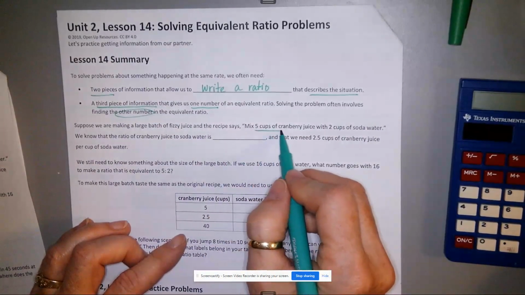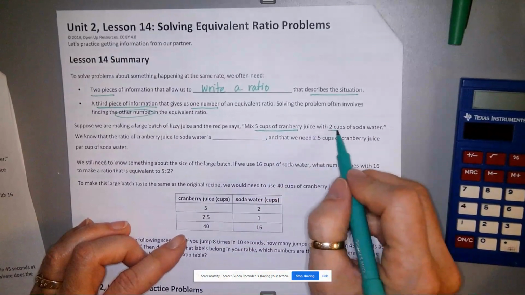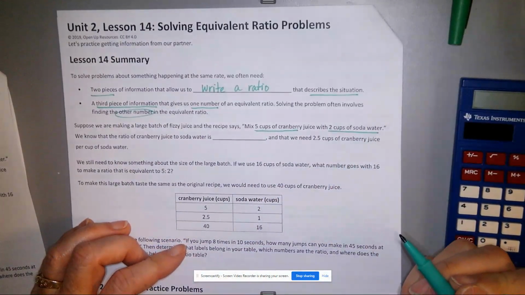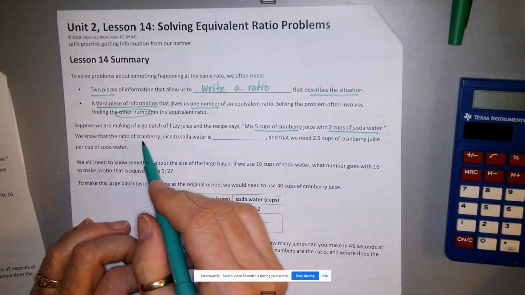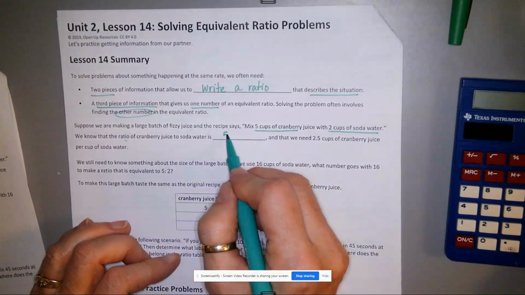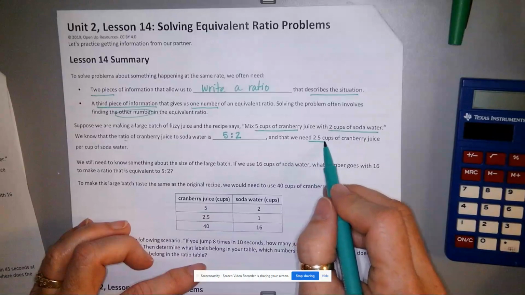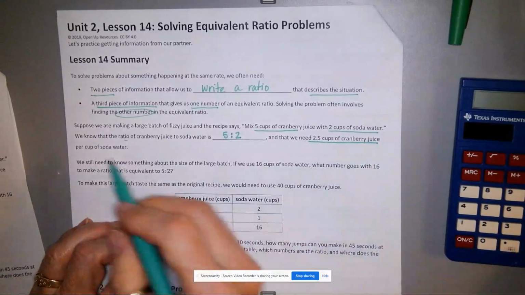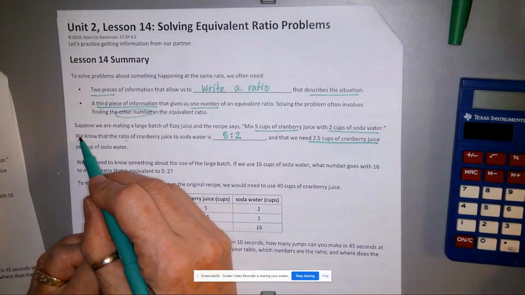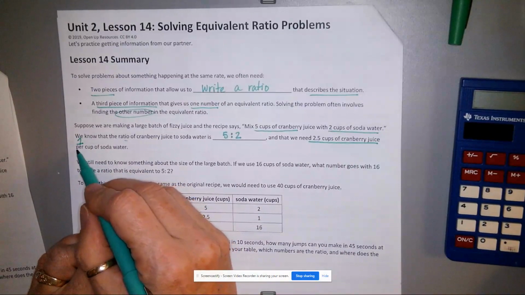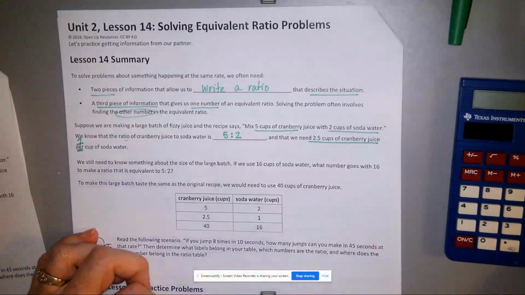My recipe is 5 cups of cranberry juice, 2 cups of soda water. So our ratio is 5 to 2. What if I want 2.5 cups of cranberry juice per 1 cup of soda water? So there's our unit rate.